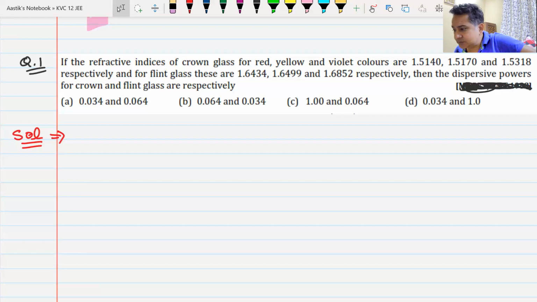For crown glass, or flint glass? Anyone?